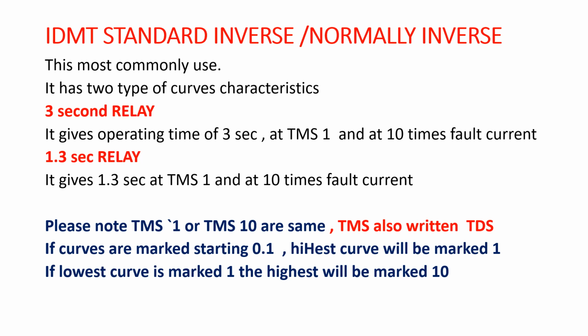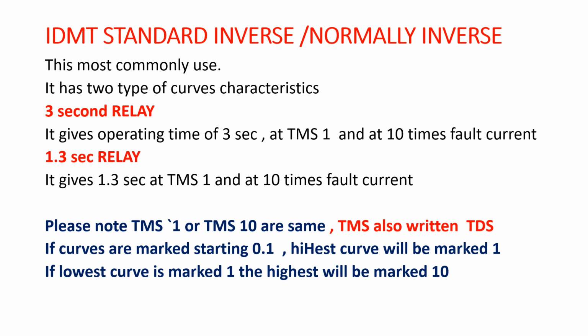And on the other type, when the fault current is 10 times the rated current and TMS, time multiplier setting, which is also known as time dial setting TDS, is equal to 1, it gives a time of 1.3 second.